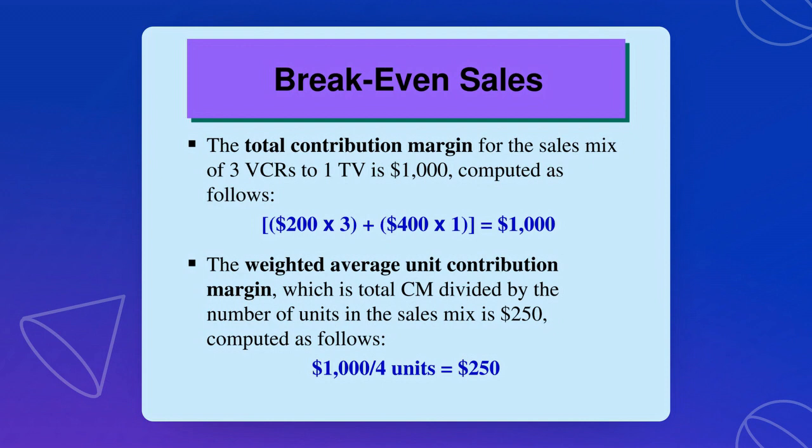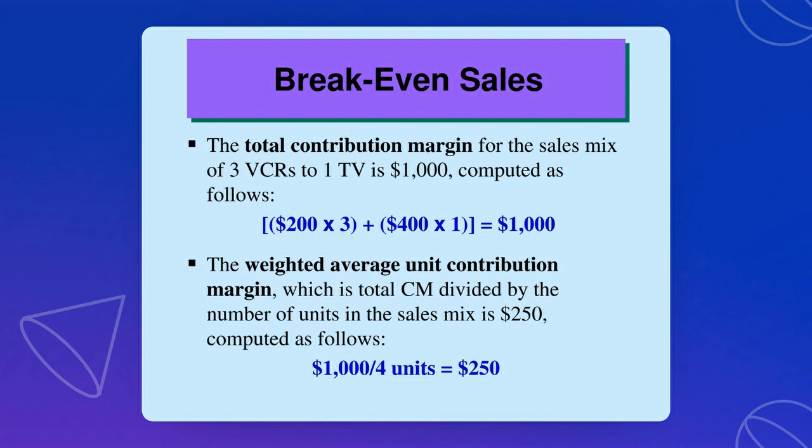Next, we will compute the weighted average unit contribution margin, in which the total CM is divided by the number of units in your sales mix. We already computed 1,000. The 3 to 1 sales mix means 3 plus 1 is 4.